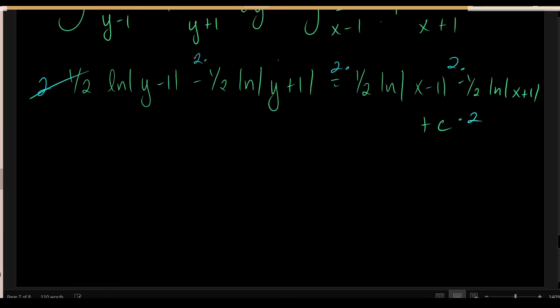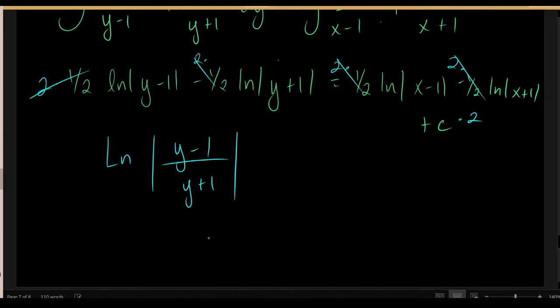Now once that's done, the 2's and the halves will destroy each other, and I will be left with natural logs that I can combine. For example, on the left side, I have the natural log of y minus 1 divided by y plus 1.